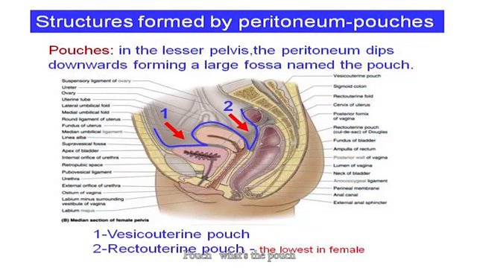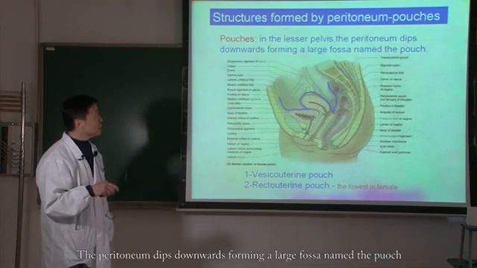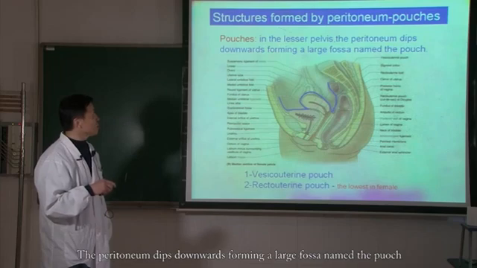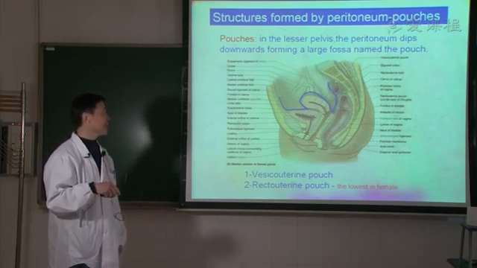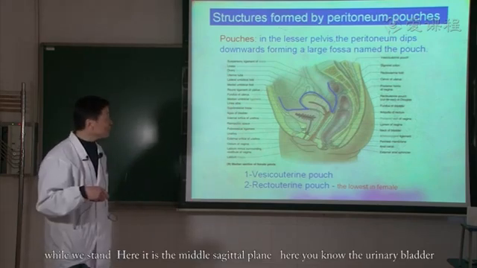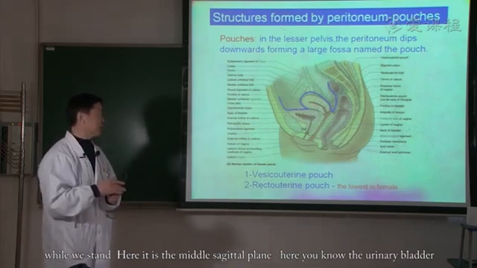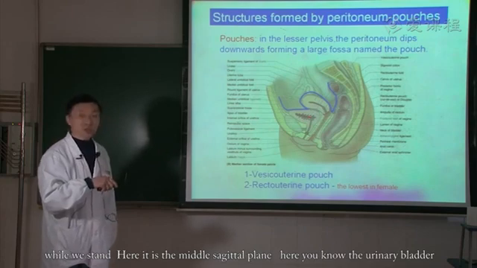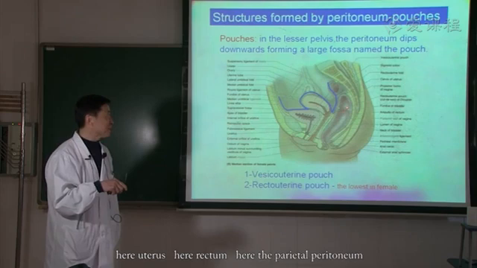Pouch. What's a pouch? The so-called pouch is usually in the lesser pelvis, where the peritoneum dips downward, forming a larger fossa named the pouch. Here we stand on the lateral view, a median sagittal plane. Here is the urinary bladder, here the uterus, here the rectum.